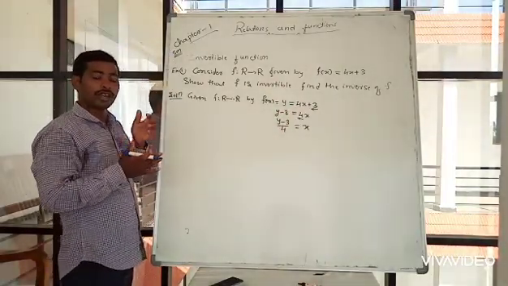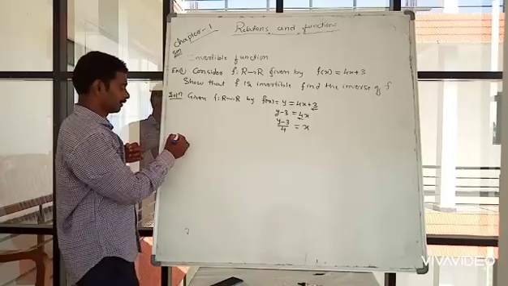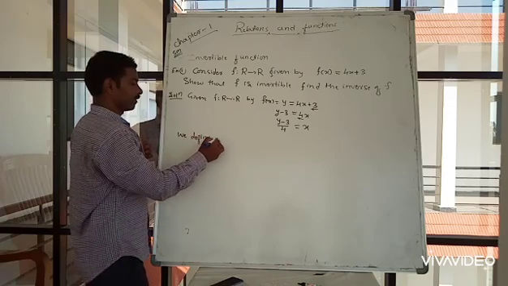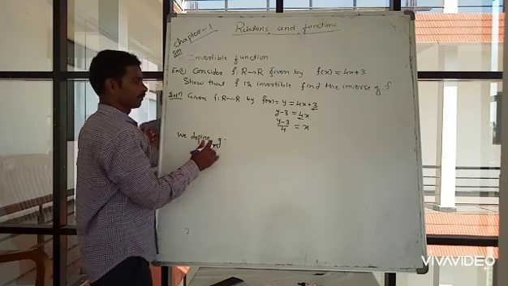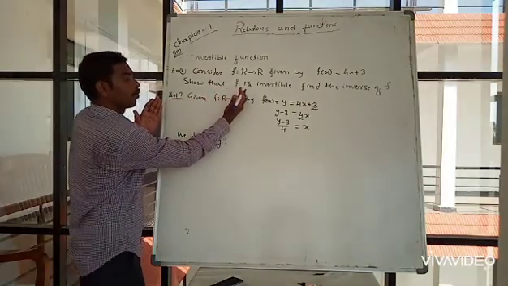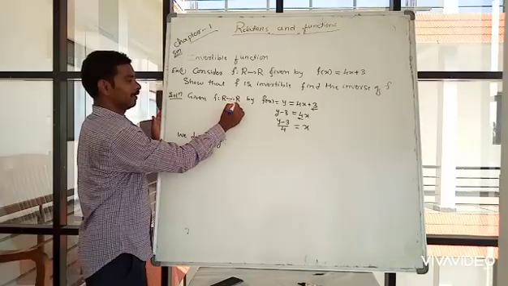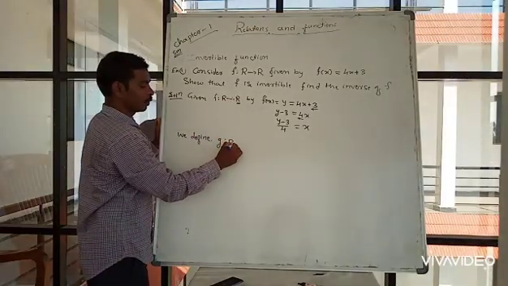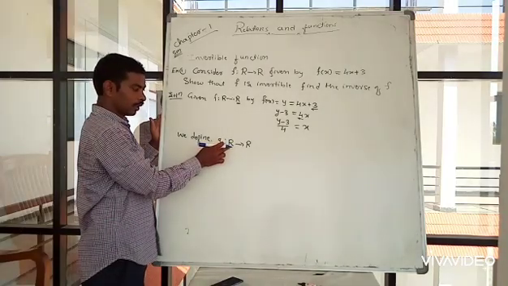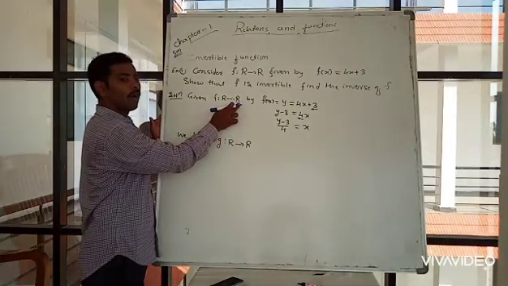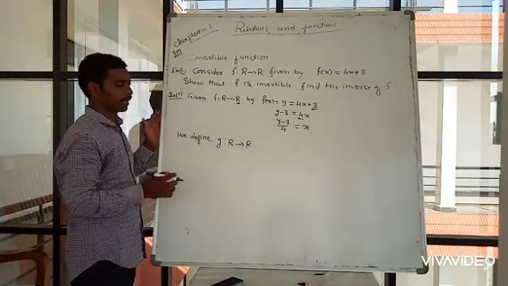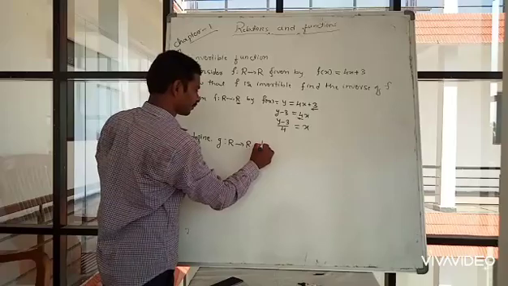Now we are going to define one more function g, from the codomain to the domain, that is, R to R. In this function, the domain is the codomain of f, and its codomain is the domain of f.